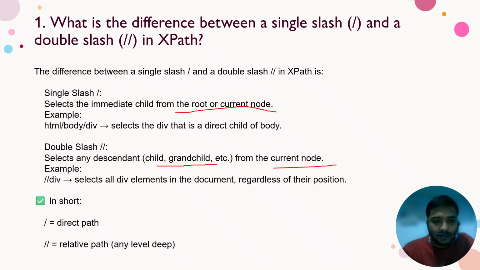For example, I can select all the div elements in the document regardless of their position. In short, single slash represents a direct path and double slash a relative path at any level.